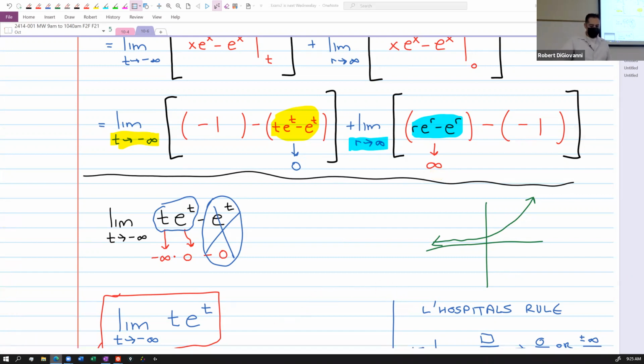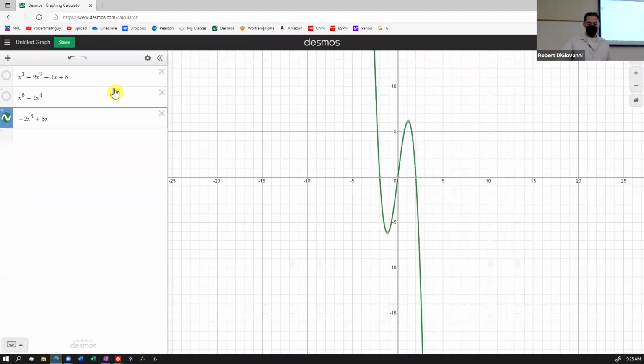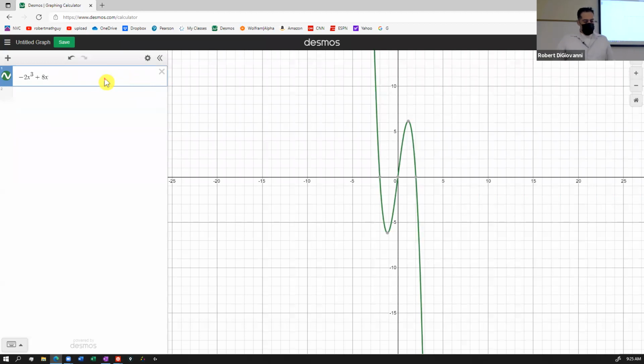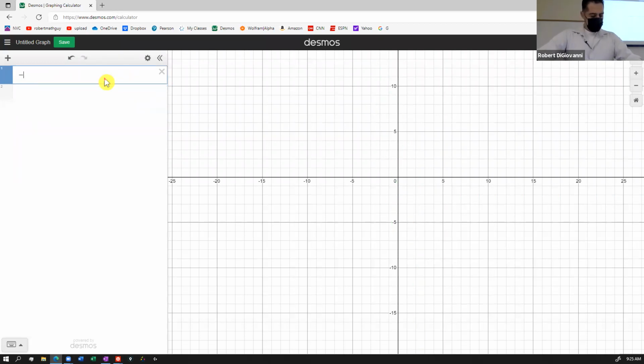Should we look at the graph? Just for fun, let's see what the graph of that looks like. It was x times e raised to the x. Was that it?